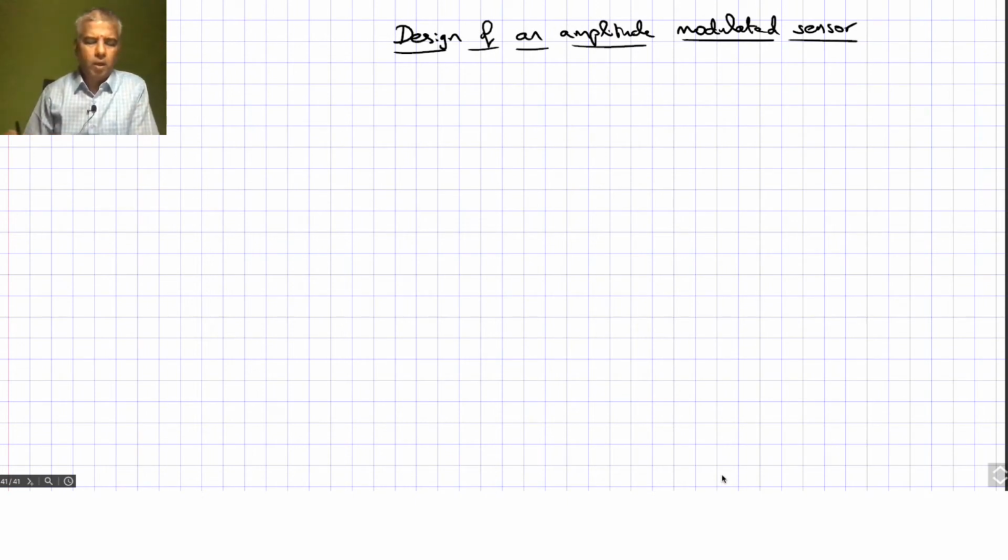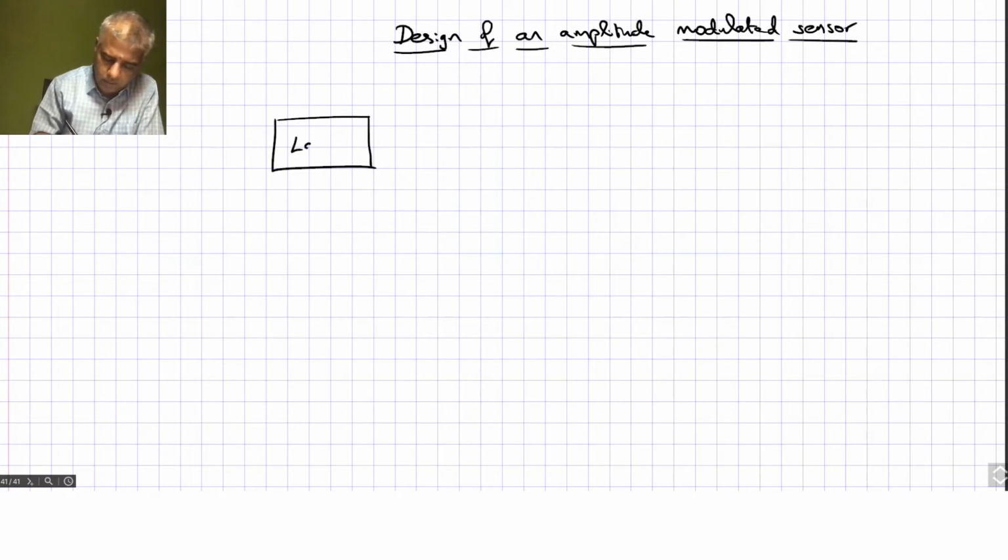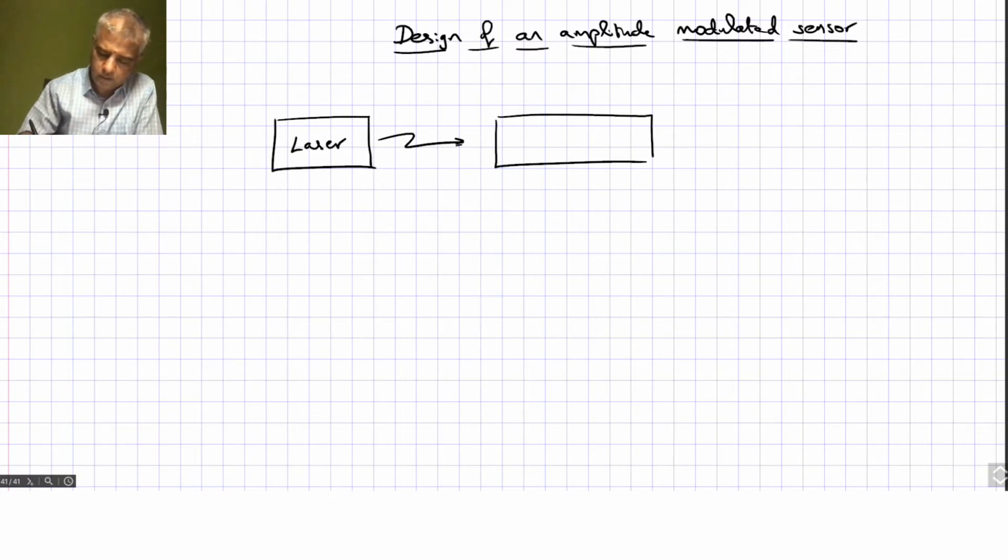Okay, so what we've been told is this is an amplitude modulated sensor. So you can start with a laser, and that is going to be sent through this gas cell, whose length L is 0.5 meters.